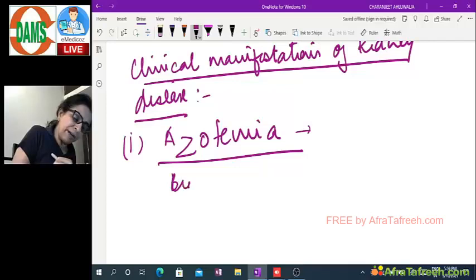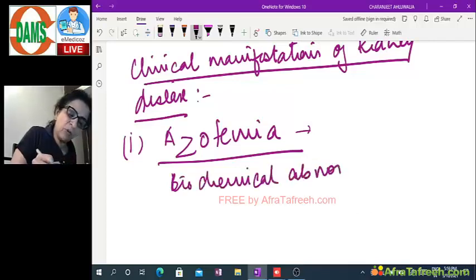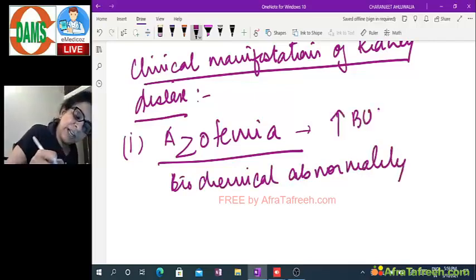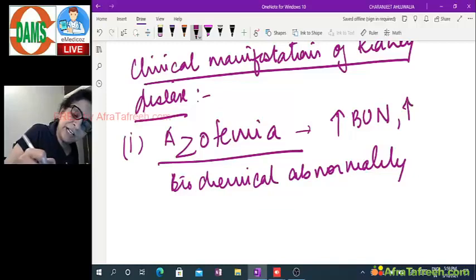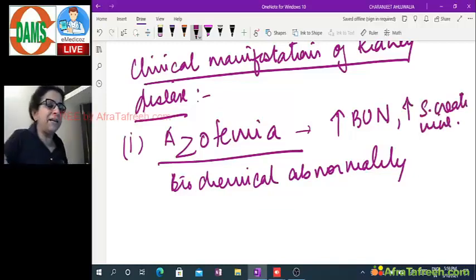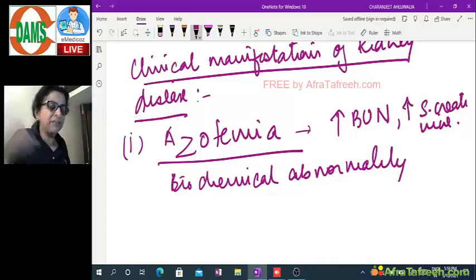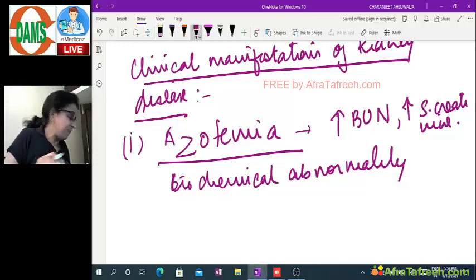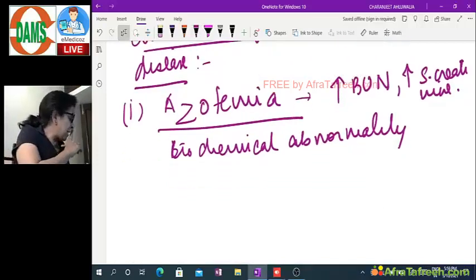It's just a biochemical abnormality. Azotemia means increased blood urea nitrogen and increased serum creatinine levels. If serum creatinine and BUN levels are elevated and everything else is okay, you say there is azotemia.